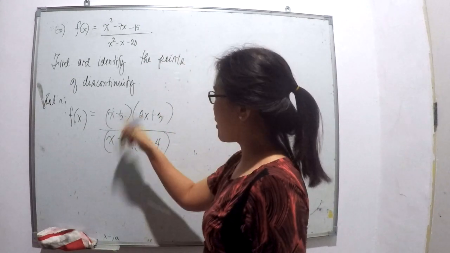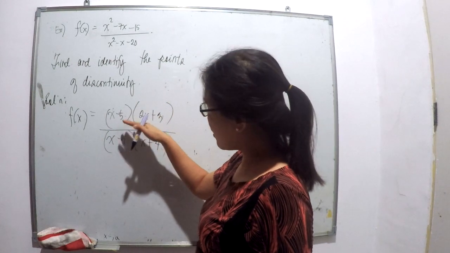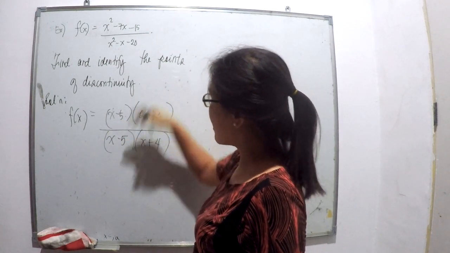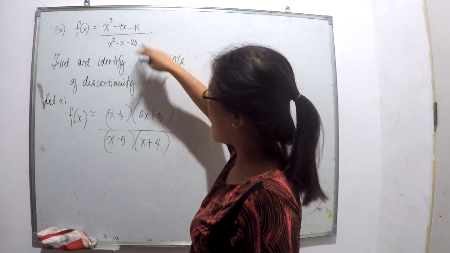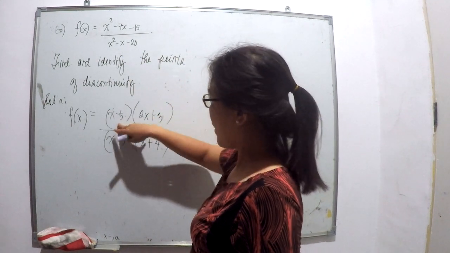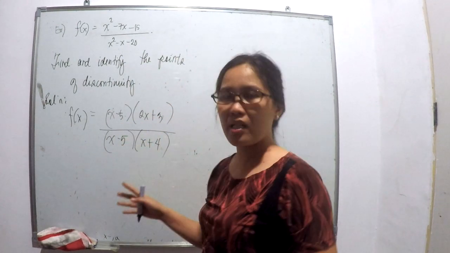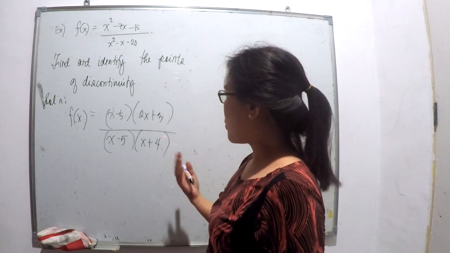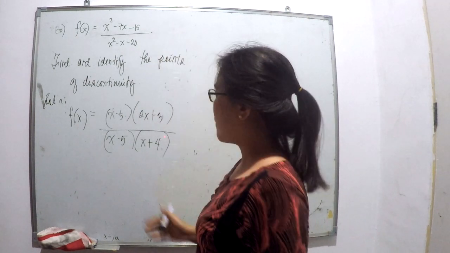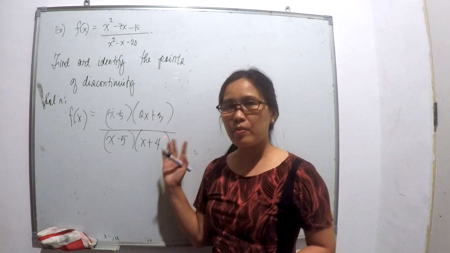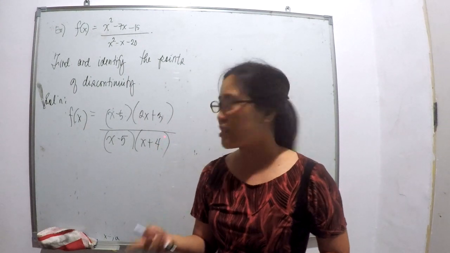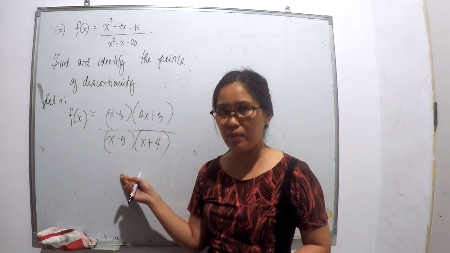Okay? Just check this one. The denominator is equal to x squared minus x minus 20, and the numerator, x minus 5 times 2x plus 3, is really equal to the original numerator. Now you notice that this is a rational expression with common factors in the numerator as well as in the denominator.